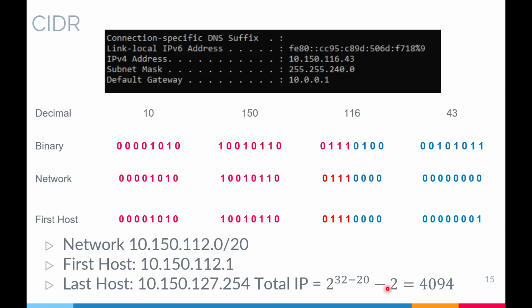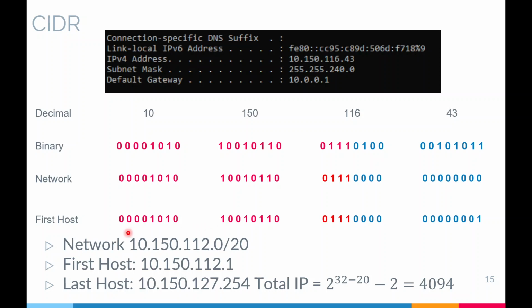So we are reducing 2 IP addresses from whatever we are getting. So 32 minus 20 becomes 12, 2 to the power 12 becomes 4096, 4096 minus 2 gives us 4094 IPs, which means that we can have 4094 hosts in this particular network.